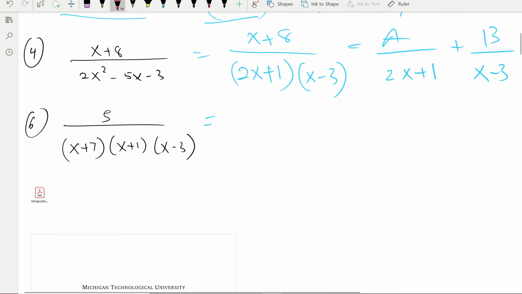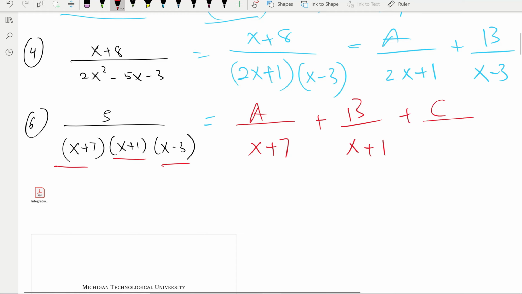Now here they have already done the work for us. They have already factored the denominator. So for each factor in the denominator, we will have a fraction. So the decomposition is A over x plus 7, for x plus 1 B over x plus 1, and for x minus 3 C over x minus 3. That's the decomposition. So it's very easy to write the decomposition when you have distinct linear factors.